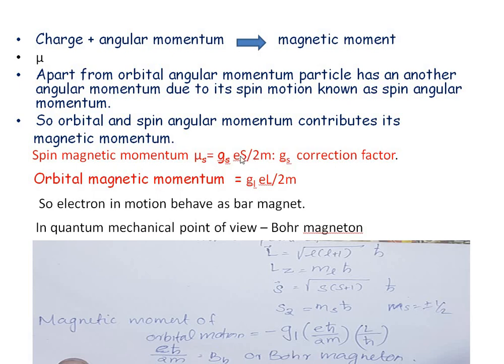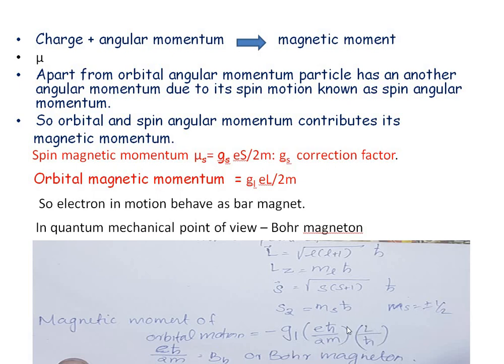The orbital magnetic moment is given by minus gL into e h cut divided by 2m into L by h cut. This h cut and h cut will cancel and you will get a similar expression, eL divided by 2m.